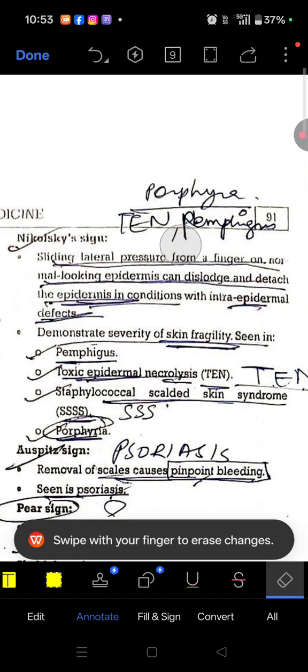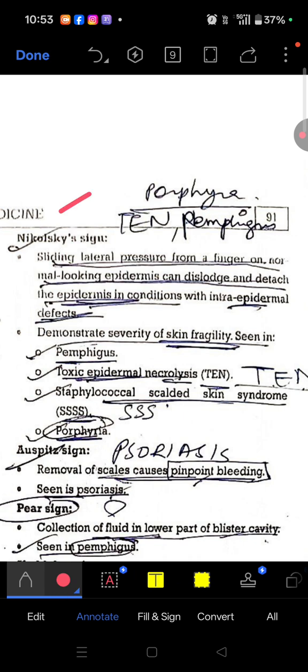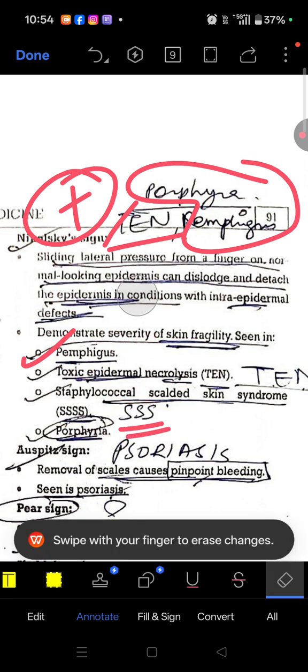So this is an important test, Nikolsky sign, and it is positive in pemphigus, porphyria, so PP. Okay, pemphigus, porphyria and toxic epidermal necrolysis. Next, staphylococcal scalded skin syndrome, so very important.